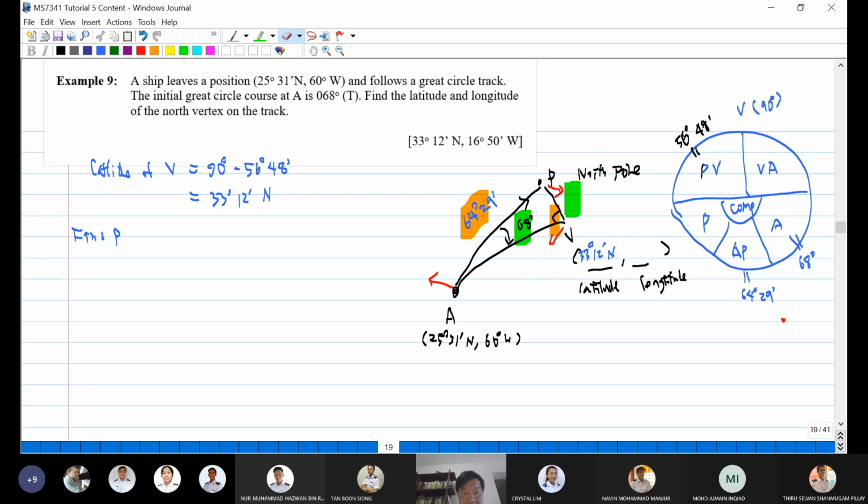I want to find angle P. Angle P, I want to make it the middle part. So I have two adjacent parts now. For adjacent parts, I usually use the green color here.